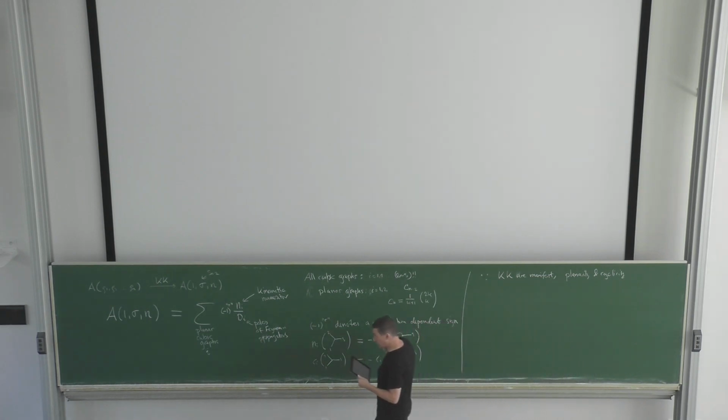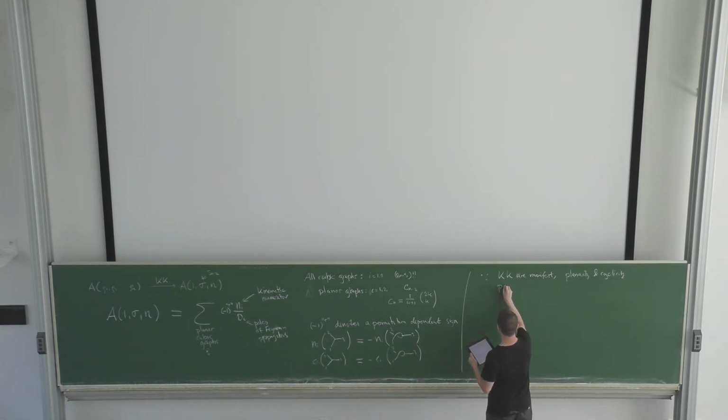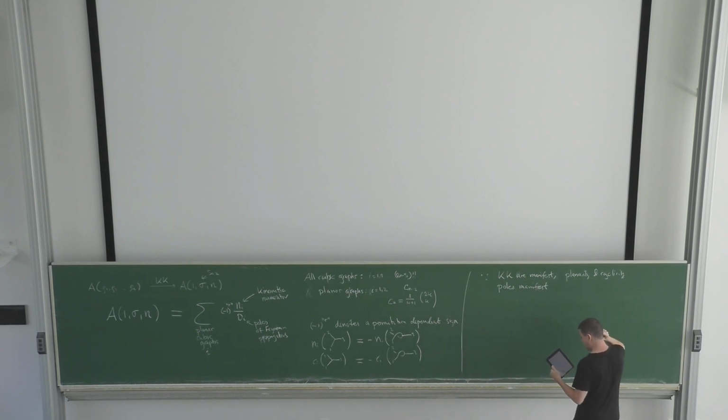Also, since I wrote out the poles, which obviously you have to write out in more detail in a specific example, but essentially the poles are also manifest, and also reversal.